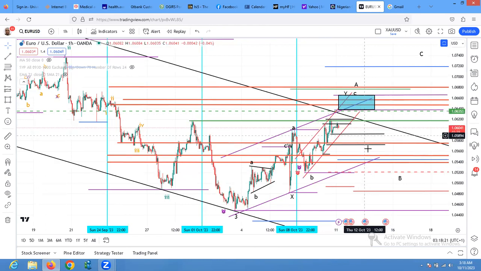If it's coming down in 5 waves to this point, then it might be a wave 5. We are going to look at it. But if it's going to go up again, we'll see how it bounces back here. All right. Good luck.